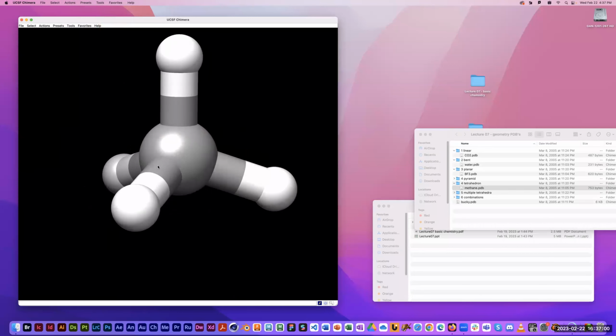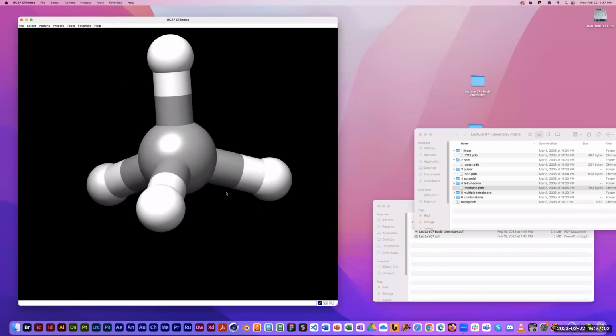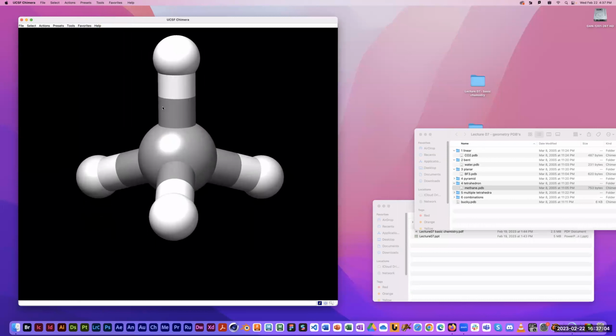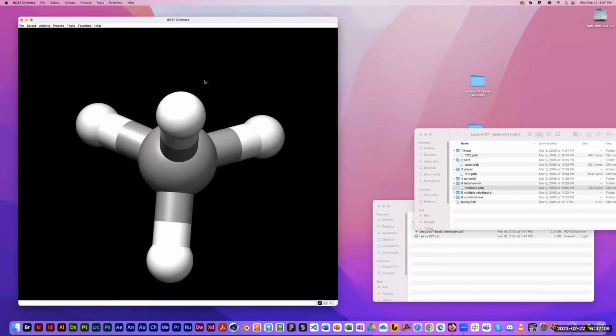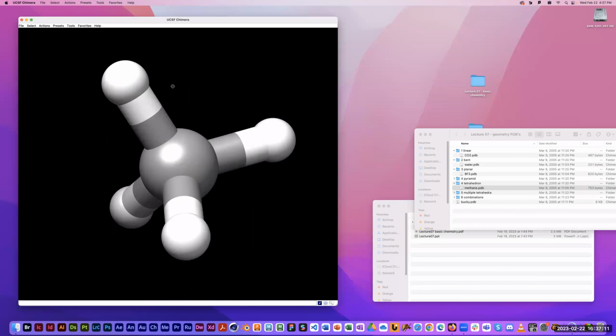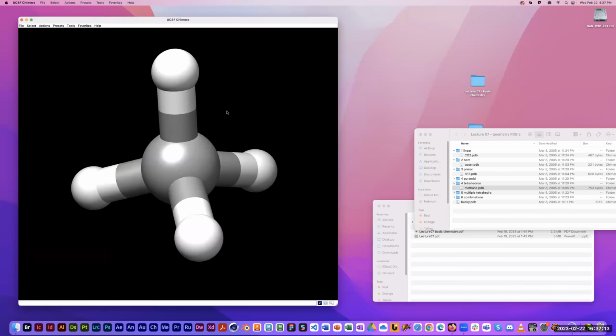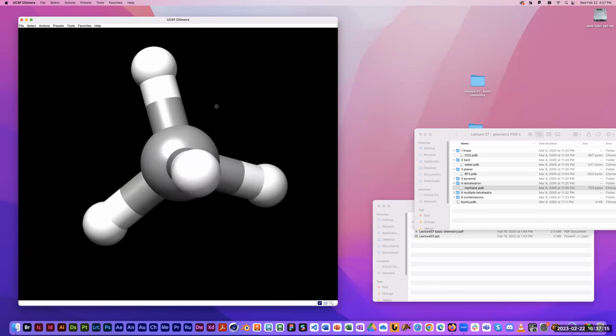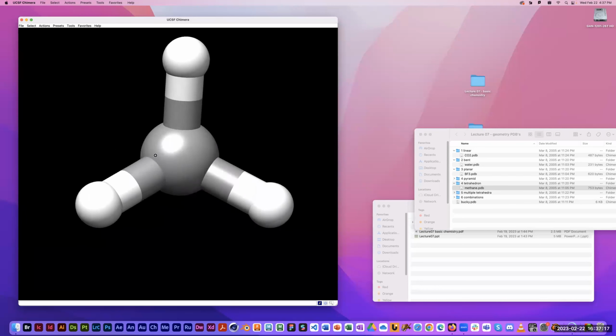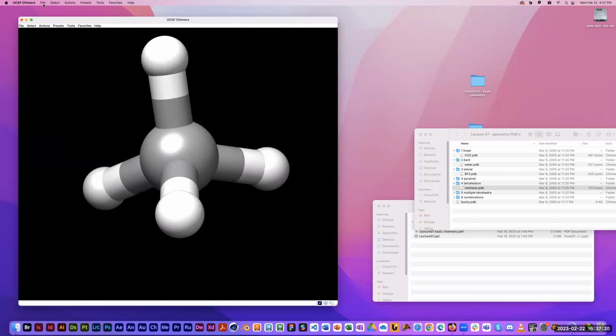There are no lone pairs on that carbon in the middle. So the bonds are equal. These 4 hydrogens are trying to get away from one another as far as they can. So they spread out into 3-dimensional space to form this tetrahedral shape with equal angles of 109.5 degrees.